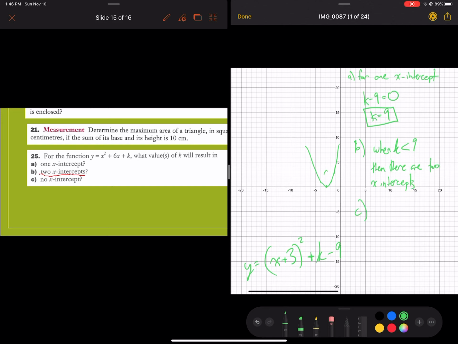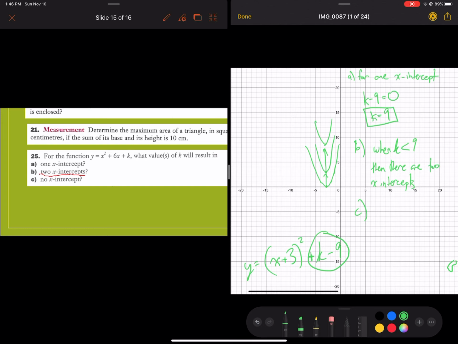Finally, C, no x-intercepts. What does that mean? That means my vertex is being shifted up. Here's one spot, here's another. Basically, this value has to be greater than 0. So how could it be greater than 0? Well, if k is 9, it's 0.